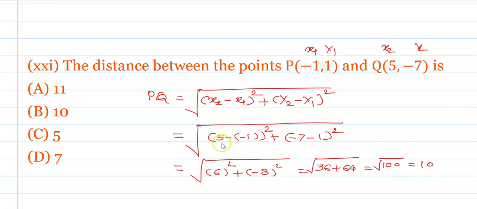Hence the distance between the points P and Q किती असणार आहे तर 10. Therefore the option B is the correct one. Answer लिहिताना, that is the 21st, the option B is the correct one. Okay. Now the next question.